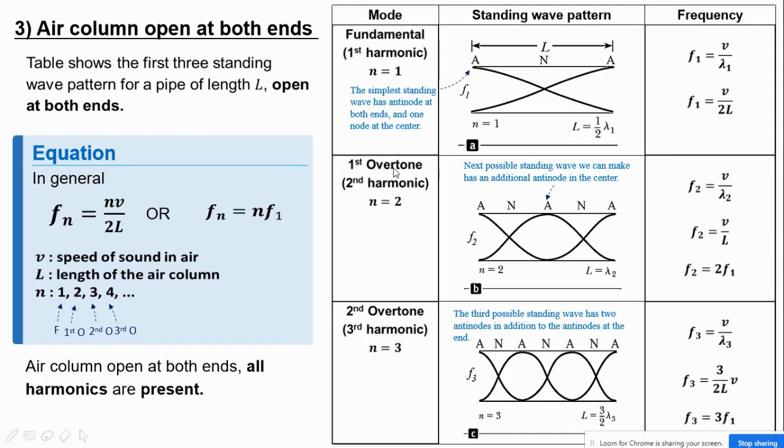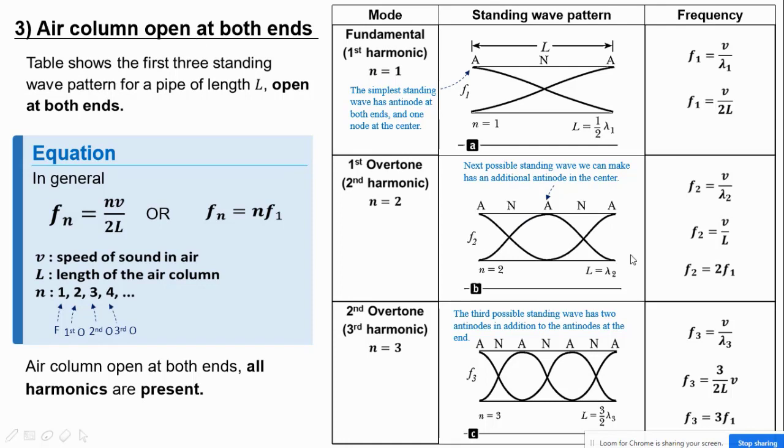For the first overtone, which is the second harmonic, n equal to 2, the next possible standing wave we can make has an additional antinode in the center. So besides the 2 antinodes at the ends, we add another antinode in the center to make 3 antinodes in total.